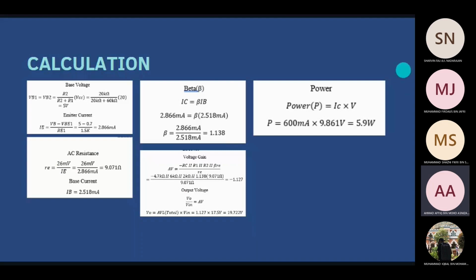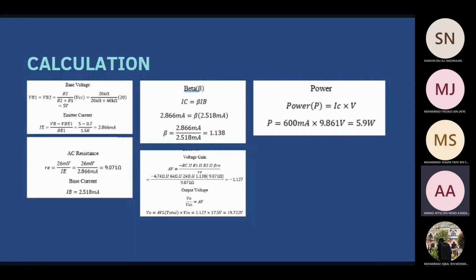For the emitter current, IE, we use the formula VB minus VBE divided by RE, which is 5 minus 0.7 divided by 1.5K, and IE equals 2.899 milliampere.